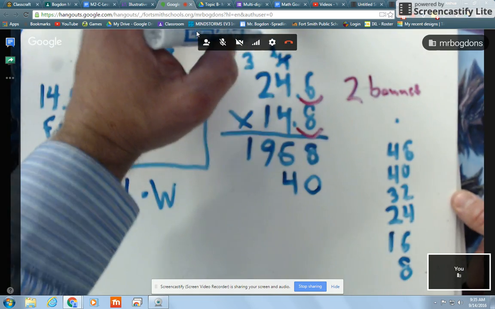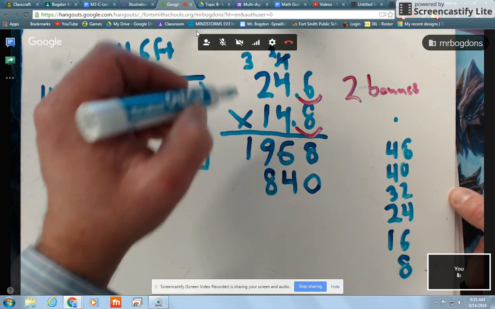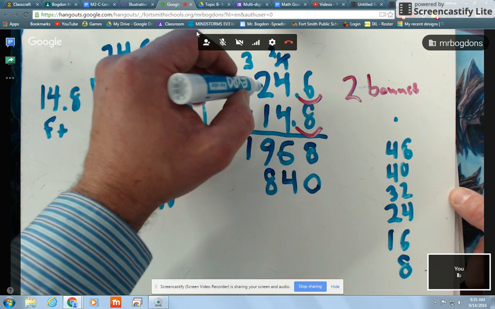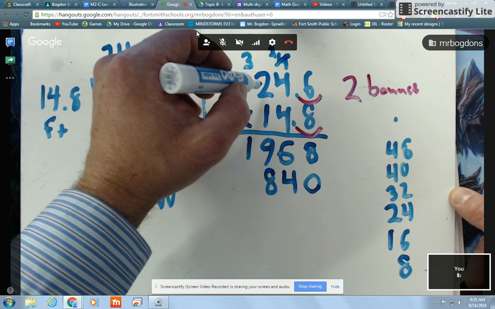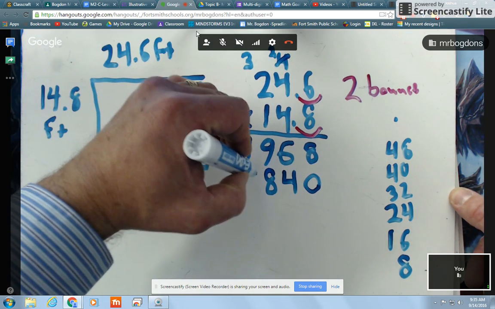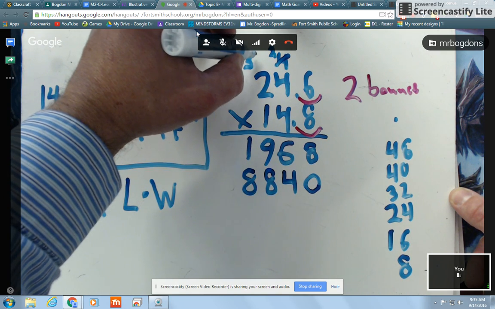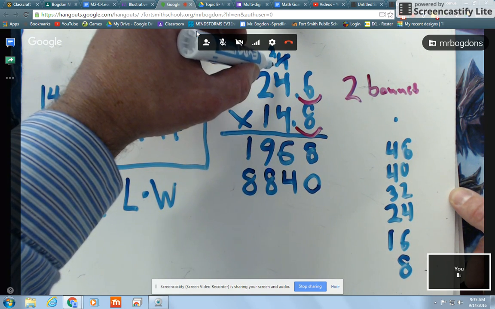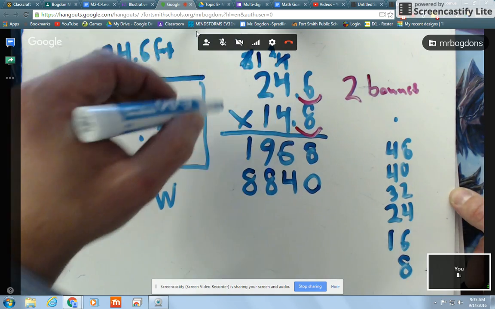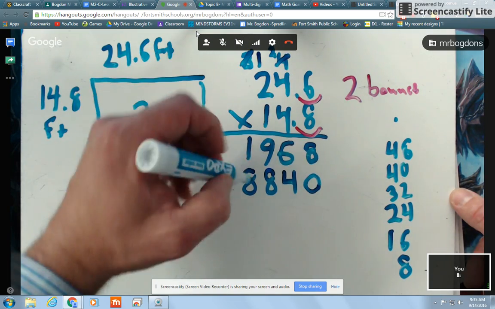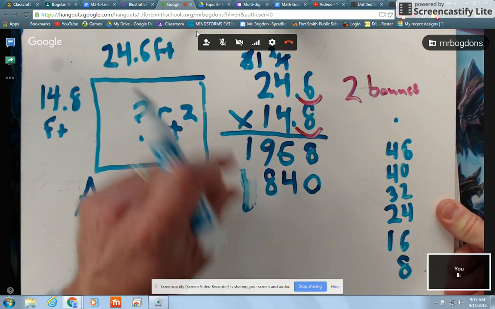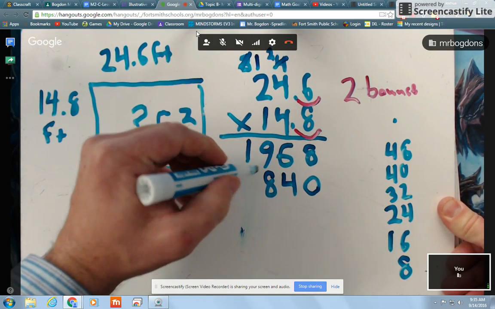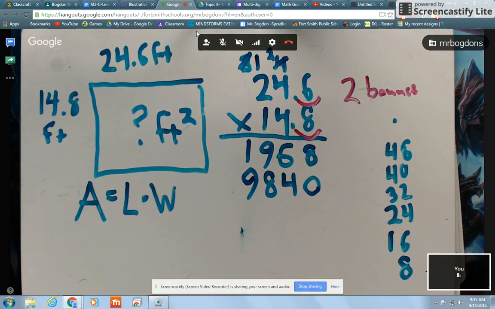Plus the 2? 18. 4 times 2 is 8. Did I have a 1 that I should have carried over? Yes, I didn't do it. So this should actually be 9. If anyone sees that I make a simple mistake or leave something out, call me out. I welcome it. Okay? So now I'm in my hundreds place.